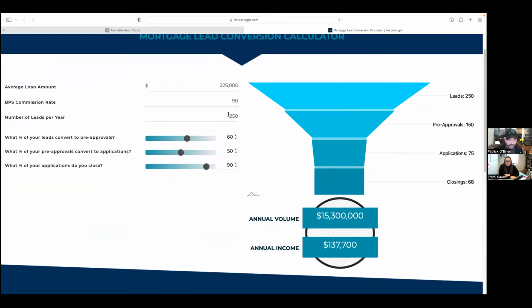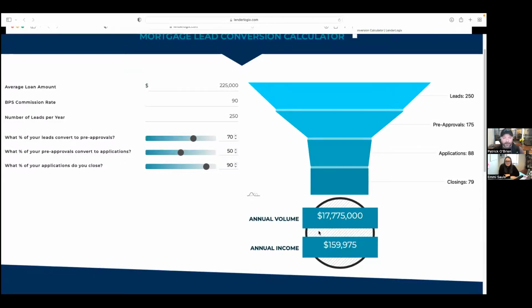But if this fictitious loan officer, instead of converting only 60% of their leads to pre-approvals and making 137,000, could get that number to 70%, that's another $22,000 in income for that loan officer, just by increasing by about 20% the percentage of their leads that they convert to pre-approvals.